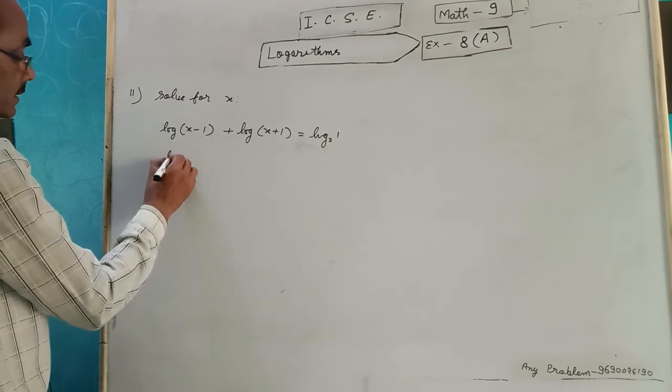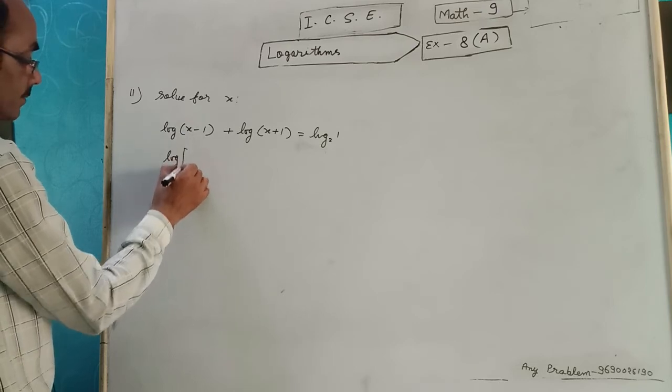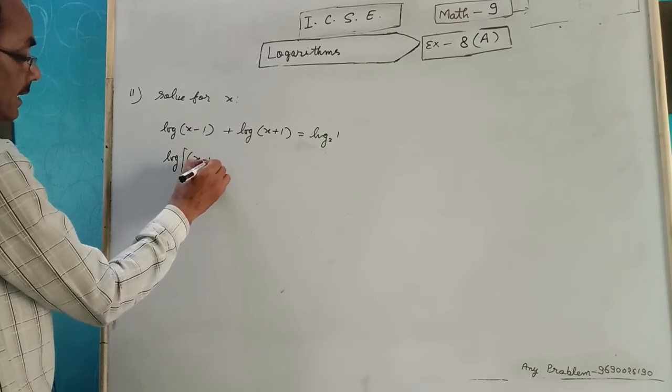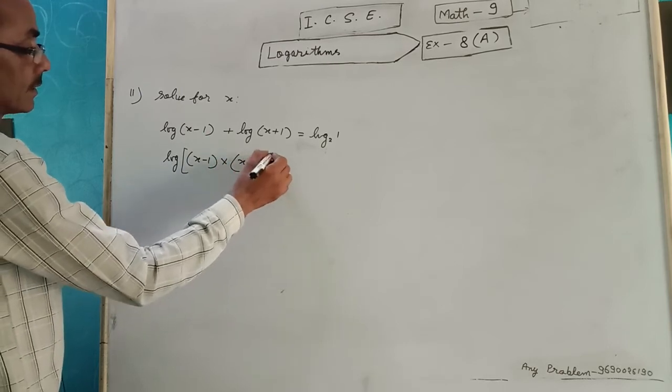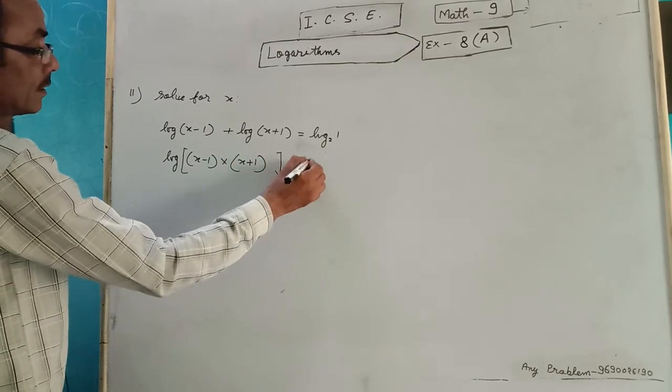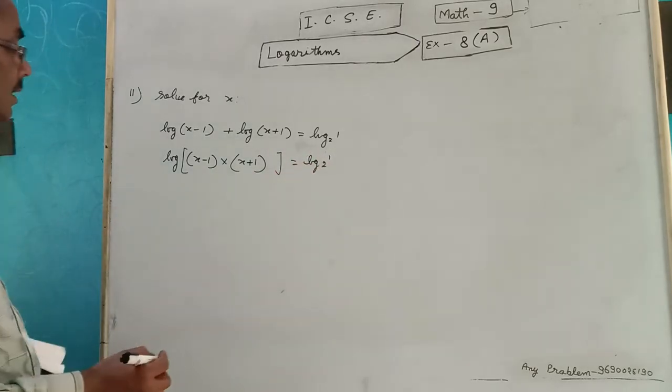Product rule: plus becomes multiply. x minus 1 into x plus 1 is equal to log 2 of 1.